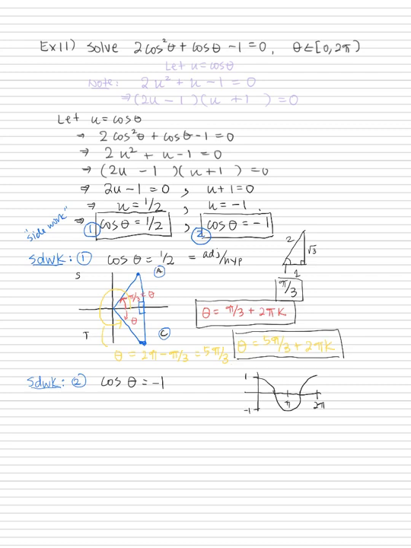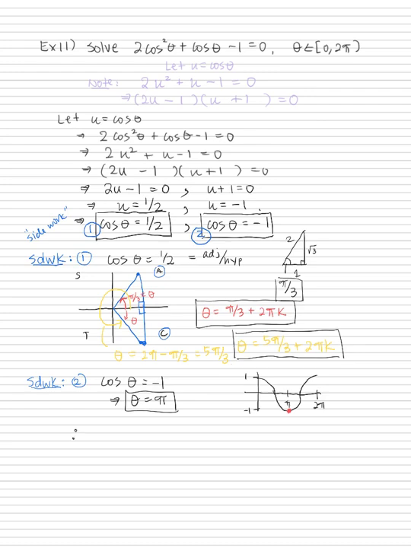So cosine of theta equals -1 when theta equals pi. I believe theta equals pi would be the only angle between 0 and 2 pi. So I'm going to box that. That's going to be one of the solutions.